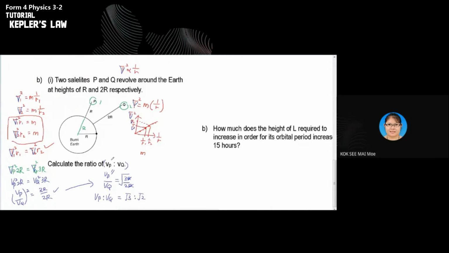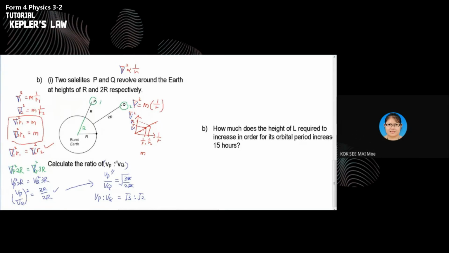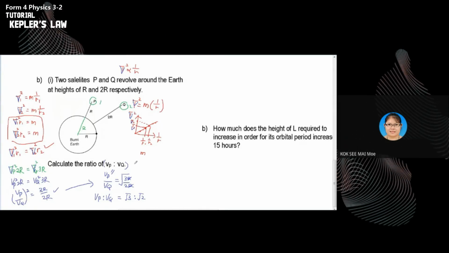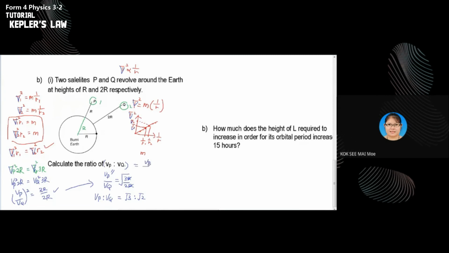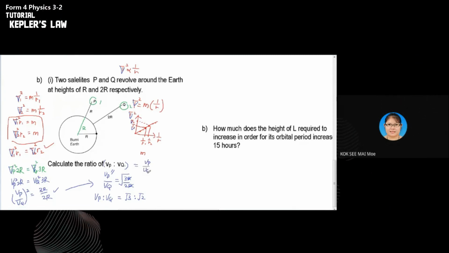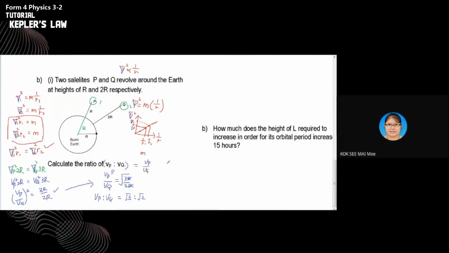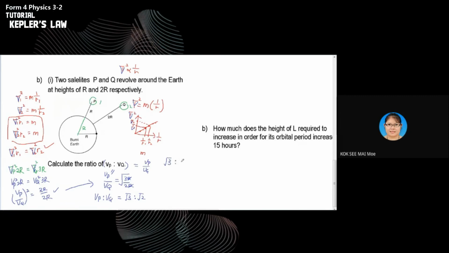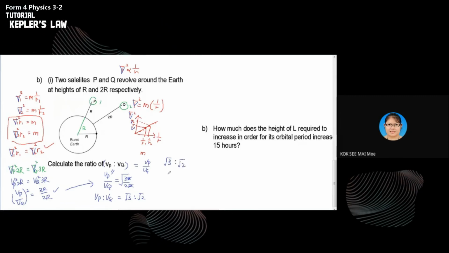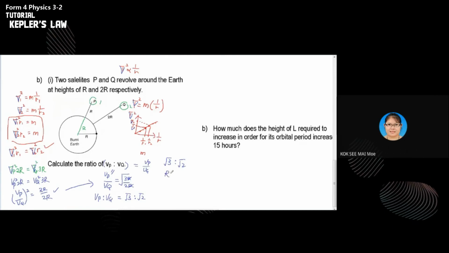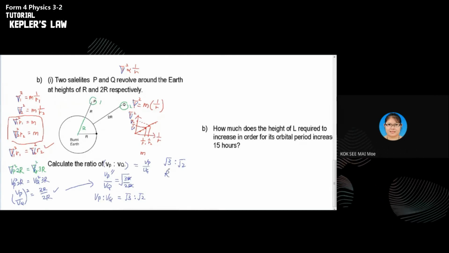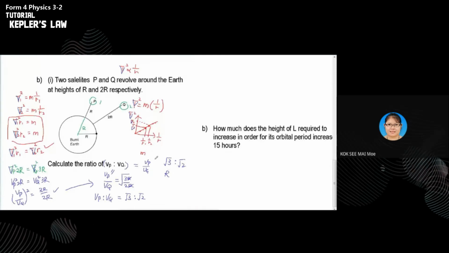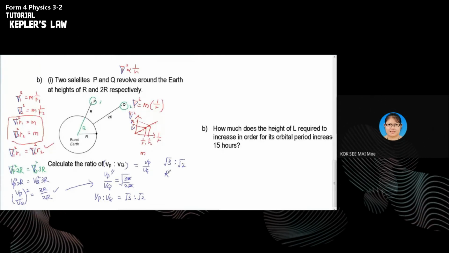Okay, you must know this one. This VP ratio VQ actually means VP divided by VQ. If I tell you the final answer is this, that means this ratio actually means R what? The first one is R for the 3R is this one.